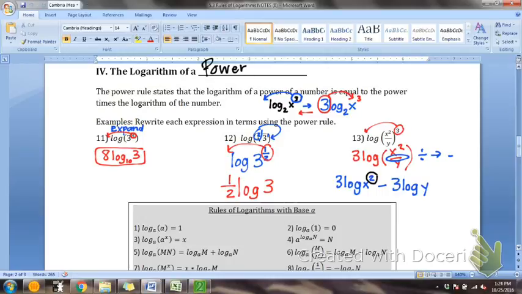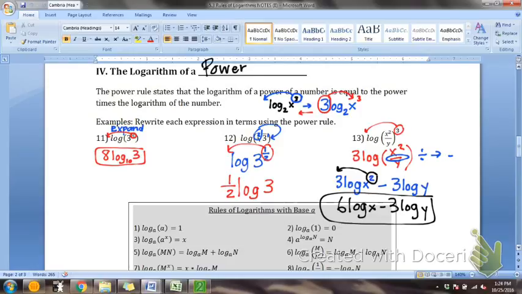But the problem is, I already have a 3 there. Right? So how are we supposed to take? Excellent. We're going to multiply 2 times 3. So I have 6 log x minus 3 log y. That would give me my answer.